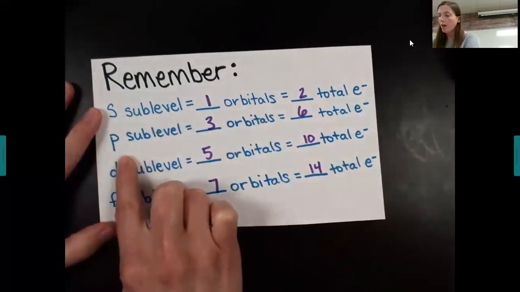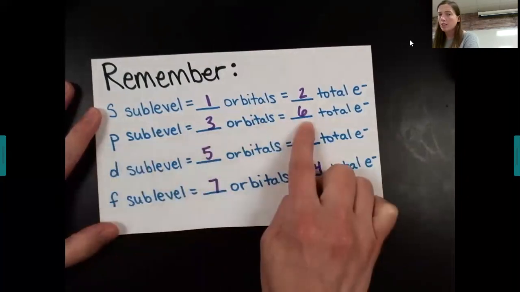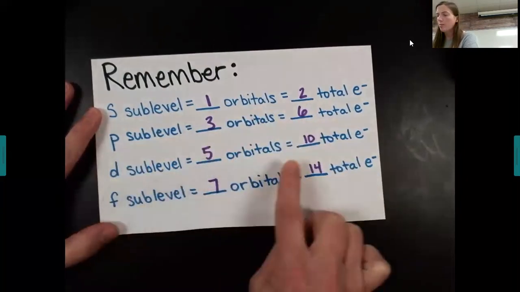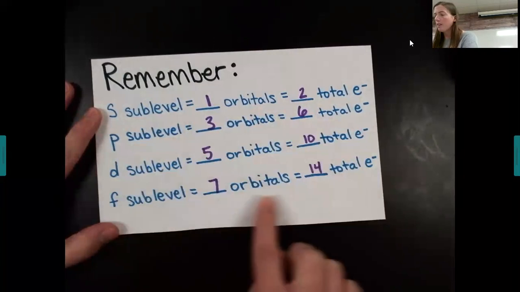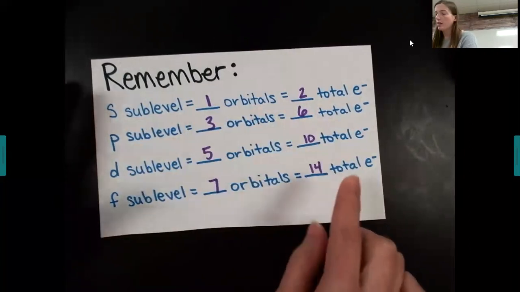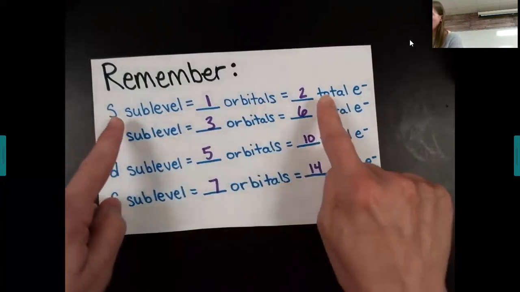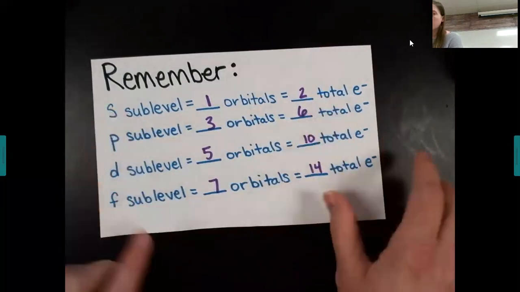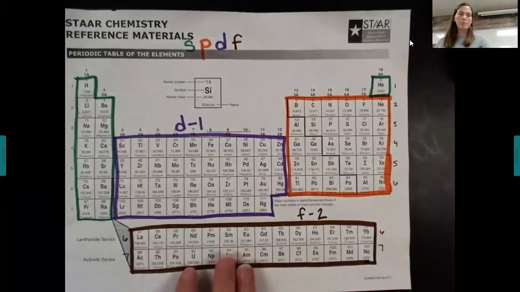If it's in the P block or P sublevel, it holds 6 electrons. D sublevel holds 10. F sublevel holds 14. So with electron configuration, this is important. As I said, we'll come back to this in the Aufbau diagram.